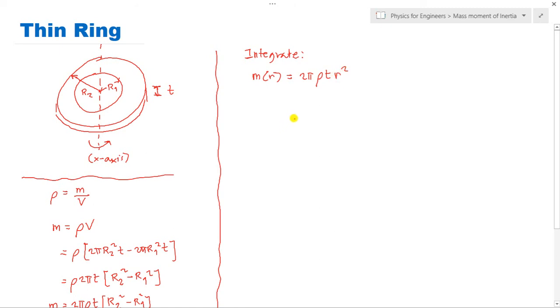Then the mass moment of inertia is just equal to m r squared, right? In function form, I(r) is equal to the mass function times r squared, and we know that mass is 2 pi rho t r squared, so plugging in, that is 2 pi rho t r squared times r squared, so that is r to the fourth.